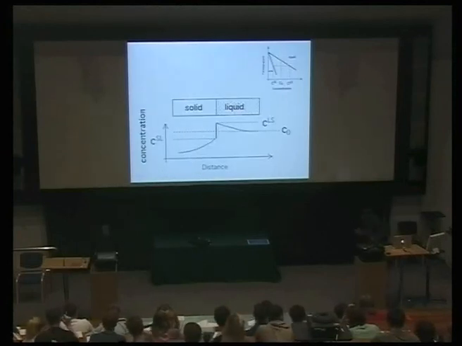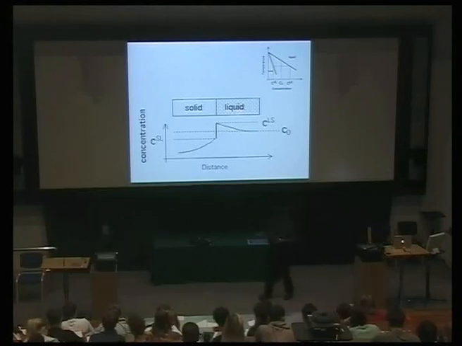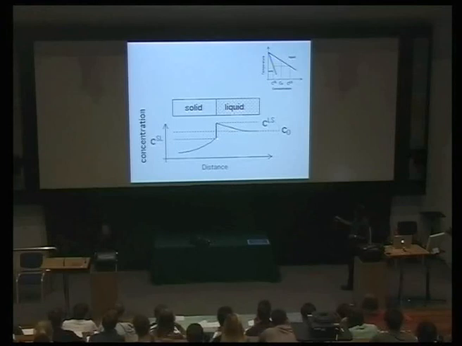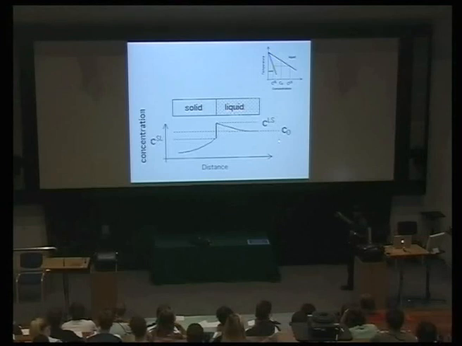And when you look at the distribution of solute at the solid-liquid interface, it will then look like this. So at this particular point in the solidification process, this is the composition of the solid phase, this is the composition of the liquid phase, and far away from the interface, we still have the average concentration.